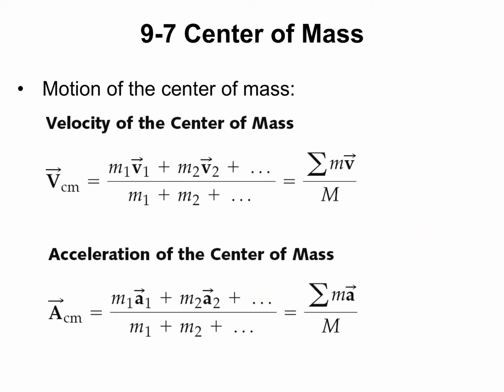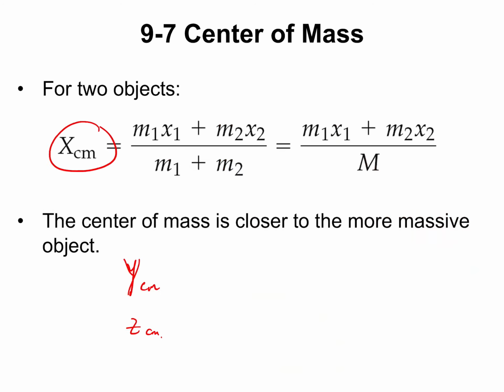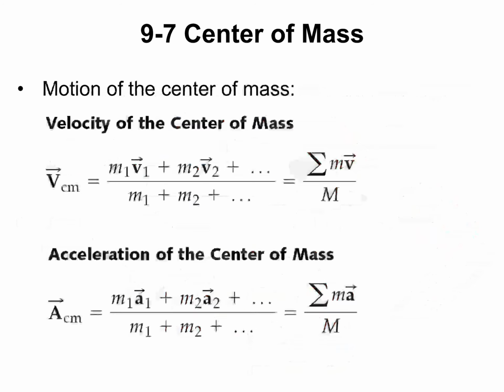Well, now that we know the concept of center of mass, from the equation, the x component, we can tell that the total mass times the center of mass equals m1 x1 plus m2 x2.